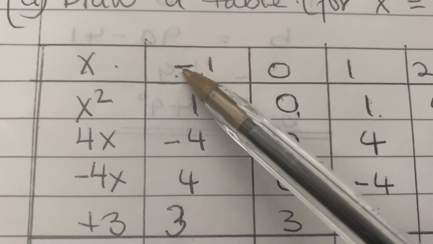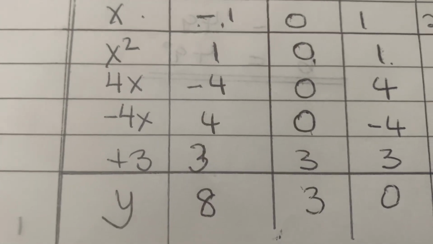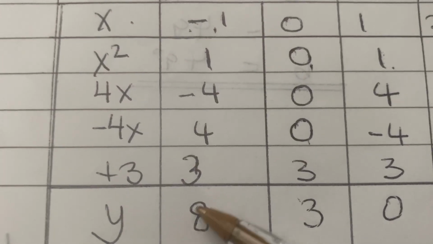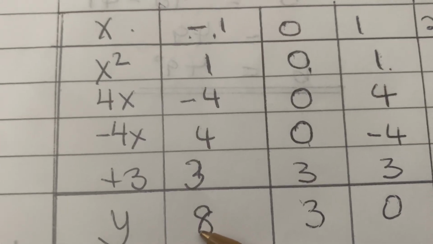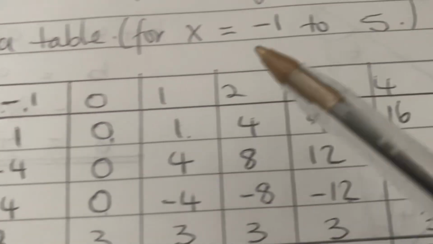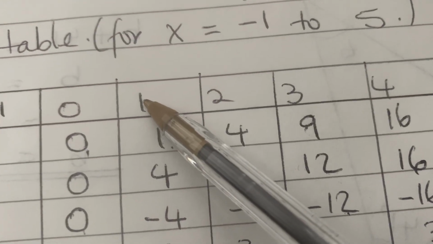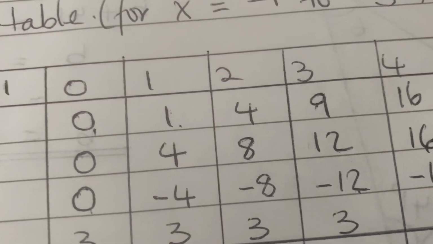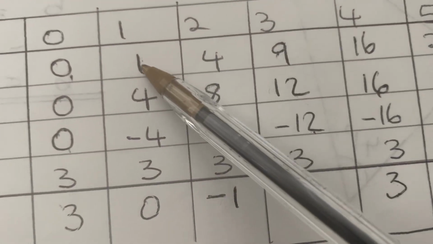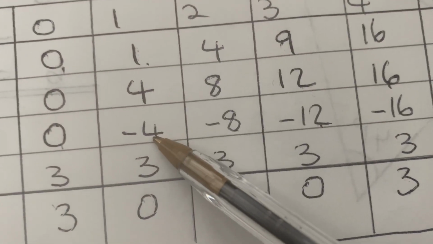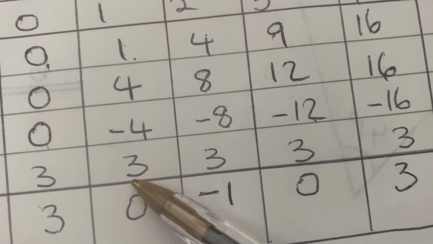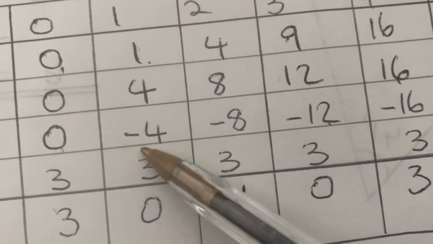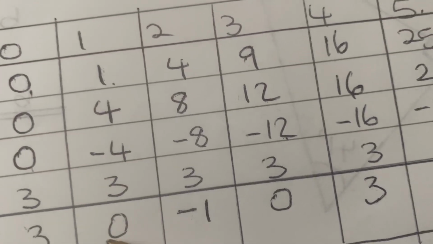So when x is minus 1, y is 8. So that will be our first coordinate. When x is 1, y is 0, because we have 1 minus 4, which is minus 3, plus 3, which is 0.